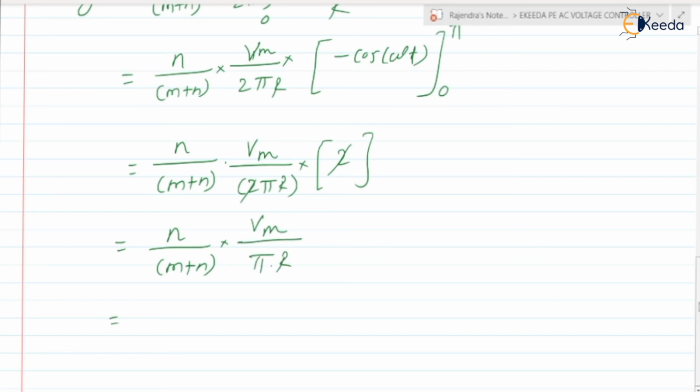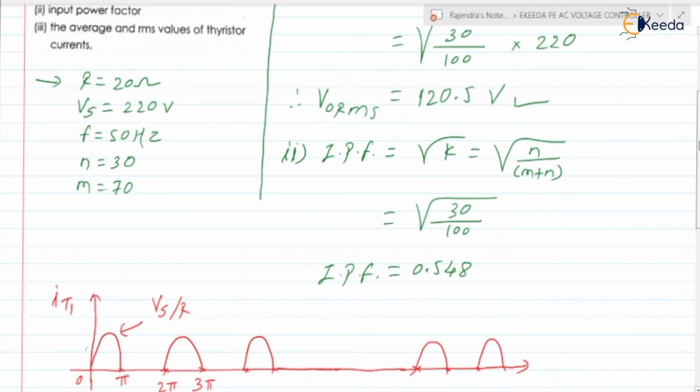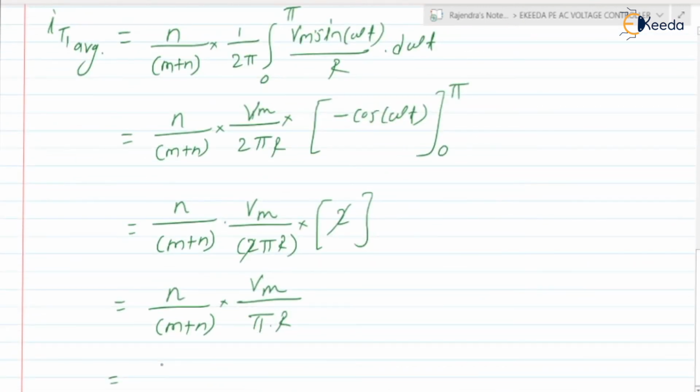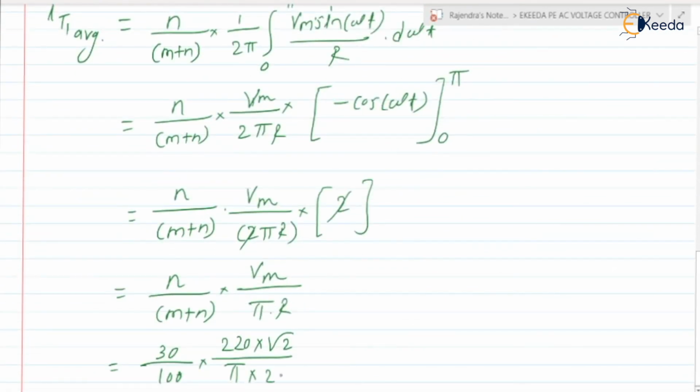Next, can we put the values? Yes, it is given that N is equal to 30, M is 70. So 30 upon 100, M plus N is 100. 30 by 100 into what is Vm? Vm is 220 into root 2, divided by pi into R. R is given as 20, so we can write into 20.